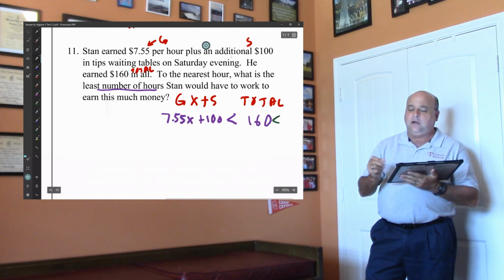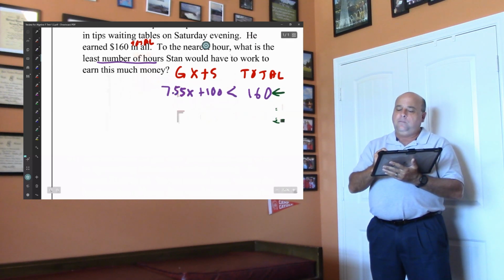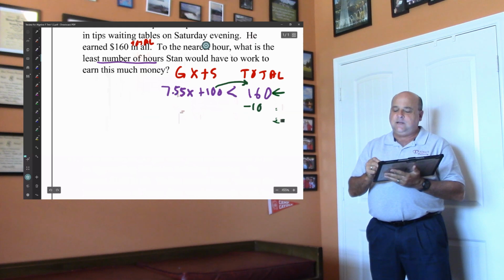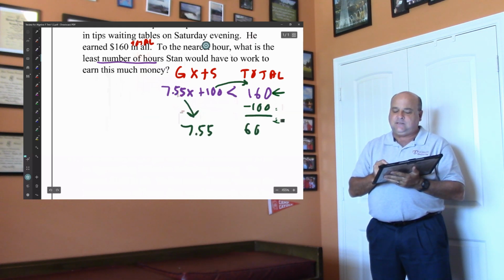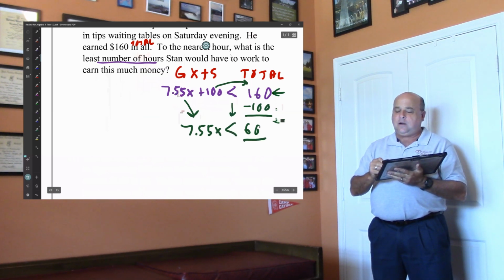So on your calculator, start with that 160. You won't do 160 plus 100, you'll do 160 minus 100 and you get 60. Drop the 7.55x, drop your inequality, and then punch divide by on the calculator, and then hit 7.55.